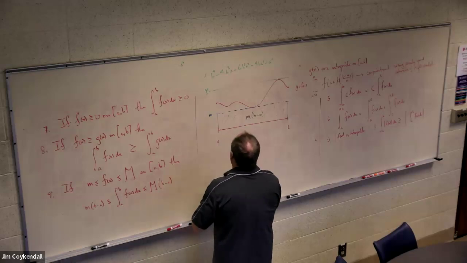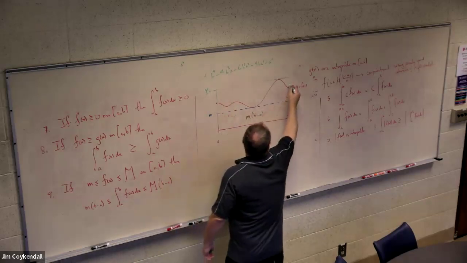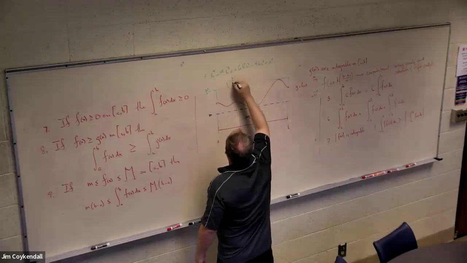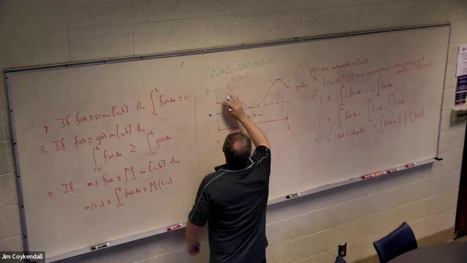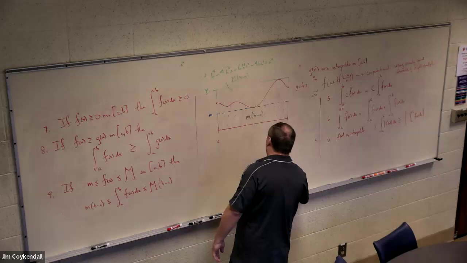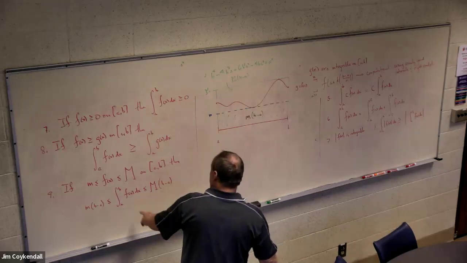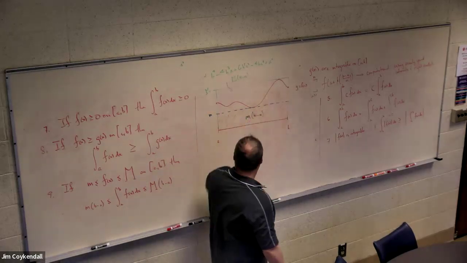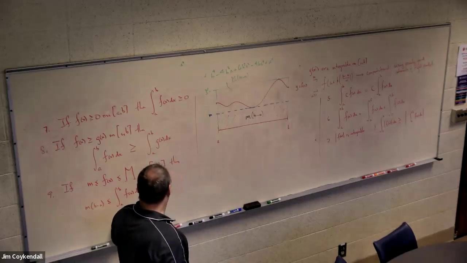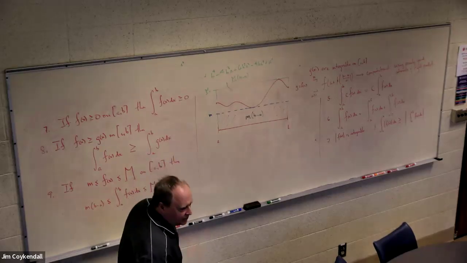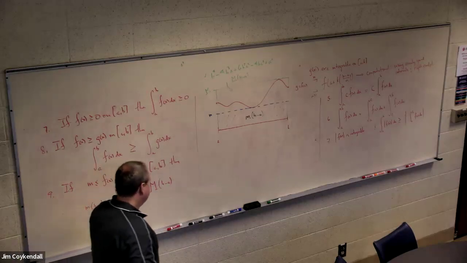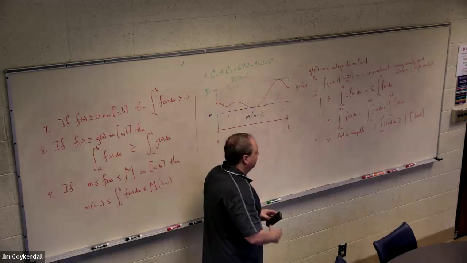And the area of this giant rectangle up here is capital M times b minus a, because this rectangle also has width b minus a, but it's got height capital M. What this inequality says is the area under the red curve, which is in the middle sort of, is bigger than small box, smaller than big box. That's all that says. Everybody okay with it? Okay. Any questions?